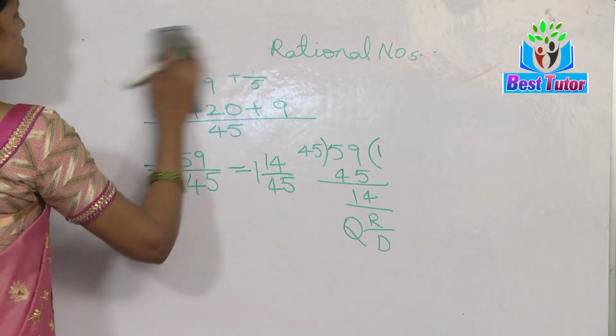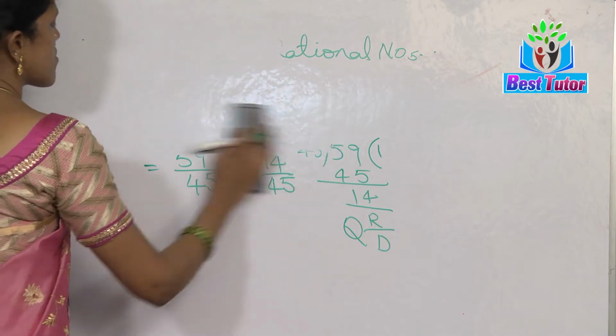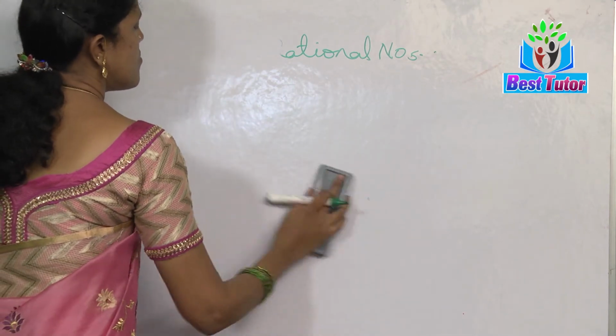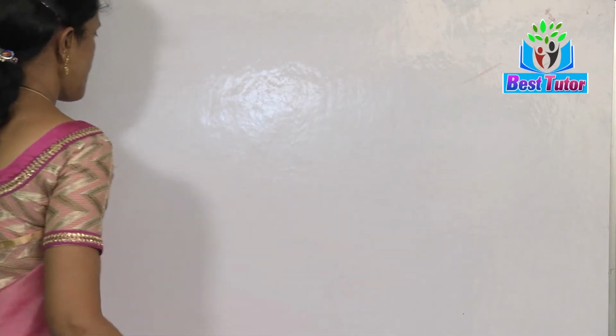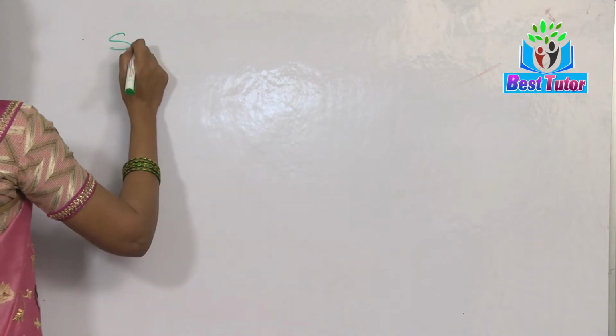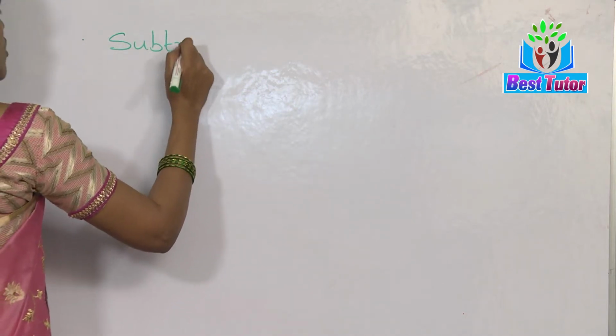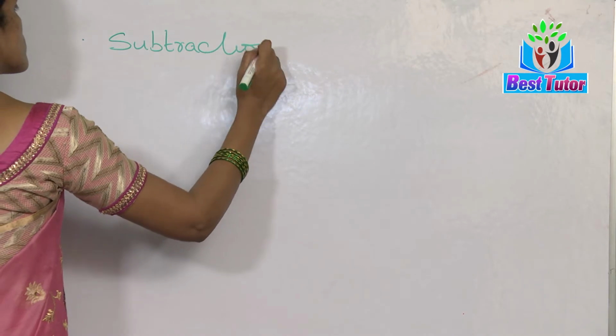How about subtraction of rational numbers?